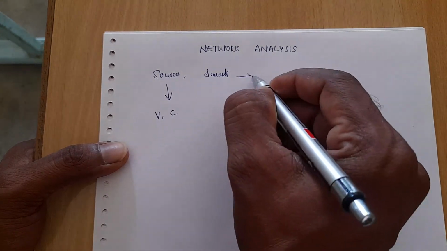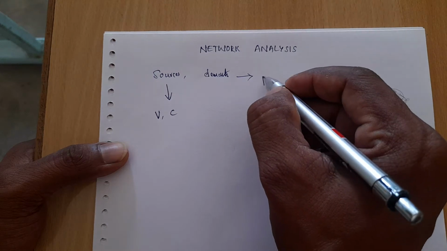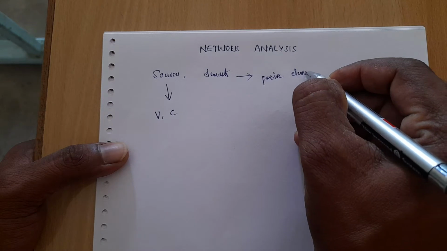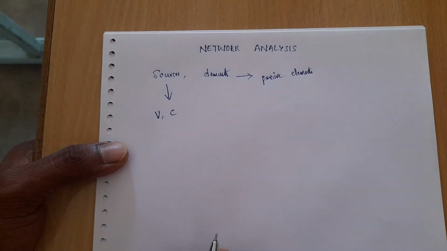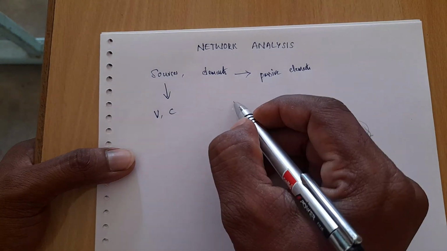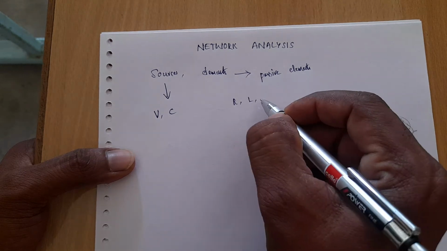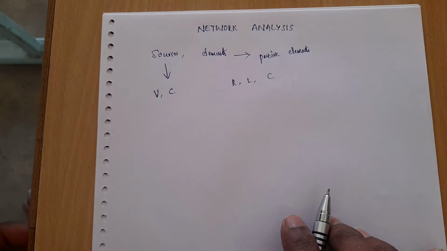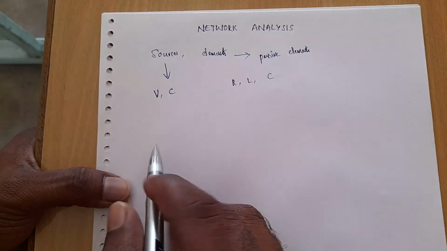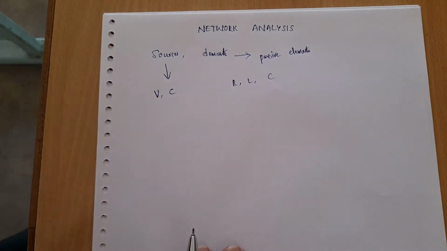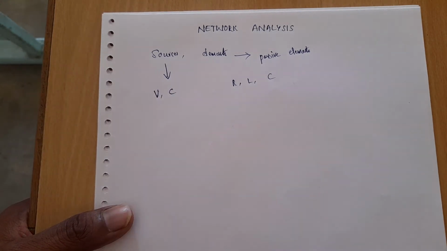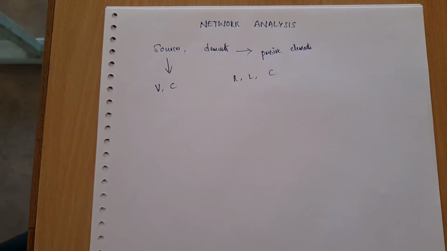Here elements means passive elements, which we generally know as RLC components. RLC components are generally called passive elements. Sources are generally called active elements also.